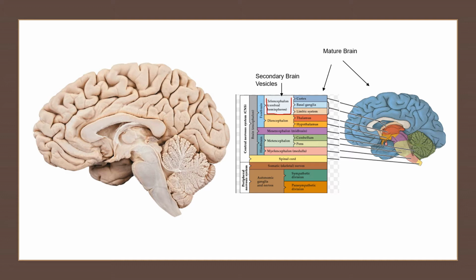Okay, the diencephalon is a secondary brain vesicle, and the diencephalon remains the same name in the mature brain. We call it the diencephalon. And the diencephalon is made up of the thalamus, the hypothalamus, and the epithalamus. This doesn't have epithalamus listed here, but that is part of the diencephalon as well.